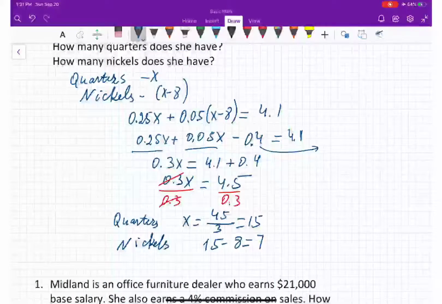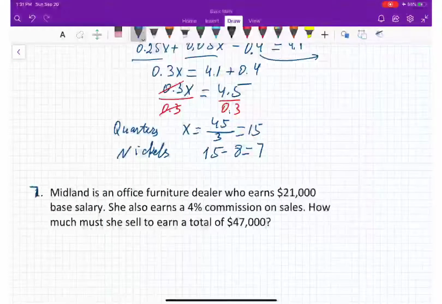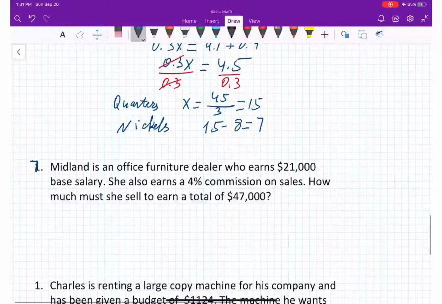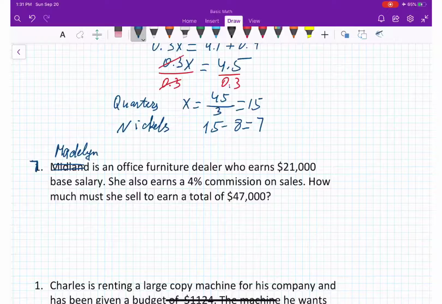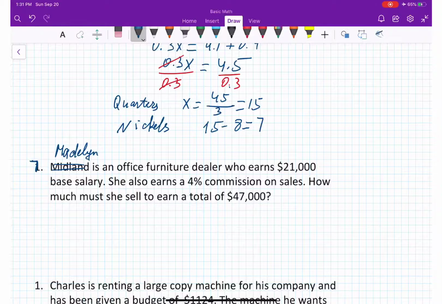Okay. Question number 7. Madeline, why am I surprised? It's Siri typing. Madeline is an office furniture dealer who earns $21,000 base salary. She also earns 4% commission on sales.